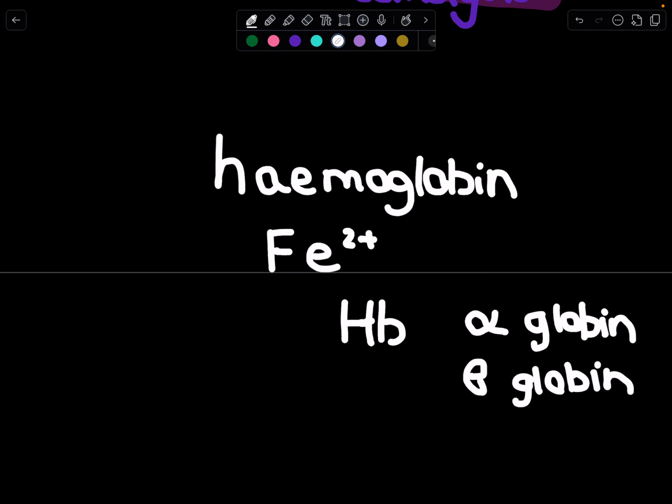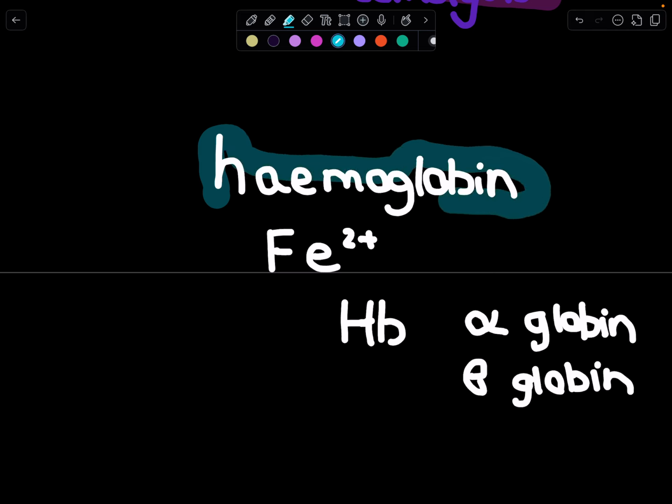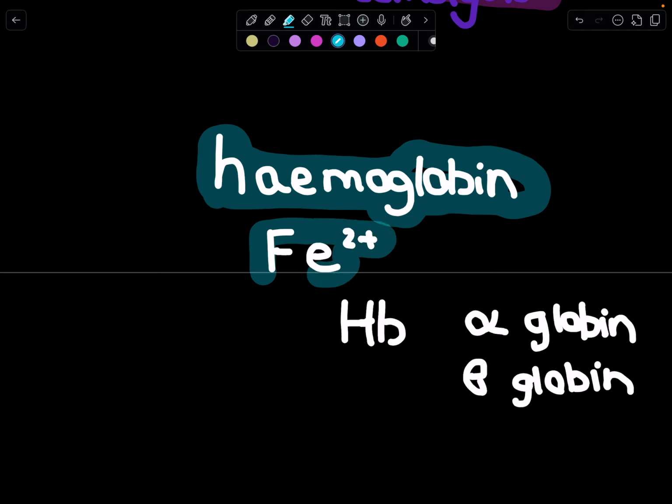The iron doesn't sit in the globin itself, but in the heme, allowing hemoglobin to pick up oxygen in the lungs and release it in tissues. This structure, with its precise chain arrangement, ensures efficient oxygen transport and stability, but defects, like in hemoglobinopathies, can mess with its function or shape.